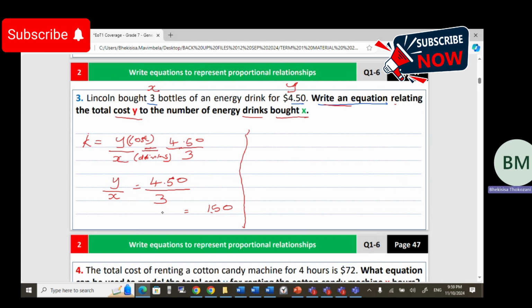This is my K. So we know that K now is 150.